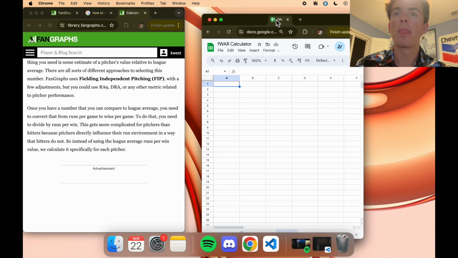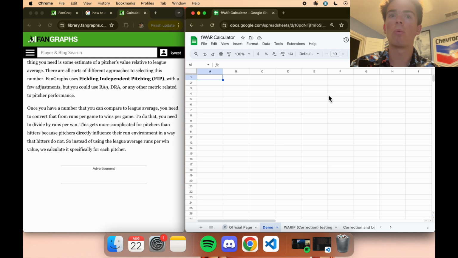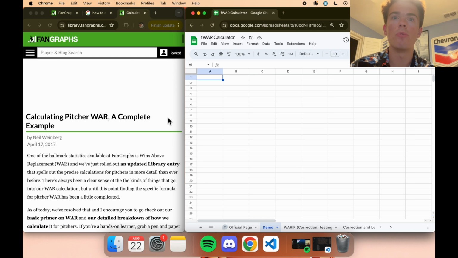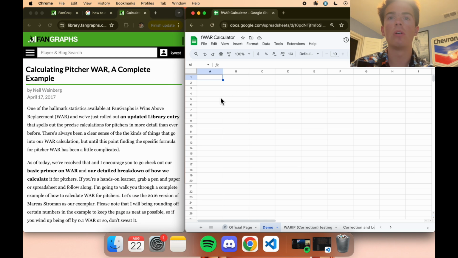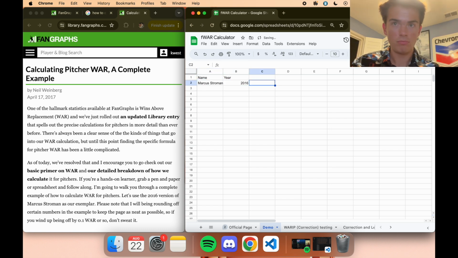So let me move this over here. And so we're going to walk right through how to do this all. So first we're going to need the pitcher's name, the year. So you can just fill this in, Marcus Stroman, 2016, boom.